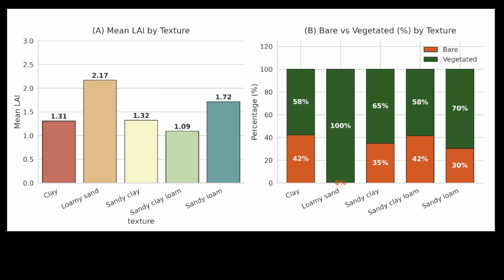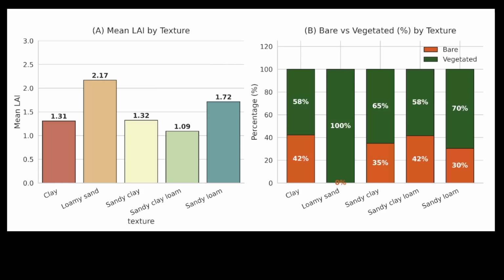Sandy loam's mean leaf area index is 1.72, which is actually higher than clay and sandy clay loam, and only lower than loamy sand. Sandy loam definitely had substantial vegetation cover, and it was nowhere near bare ground.